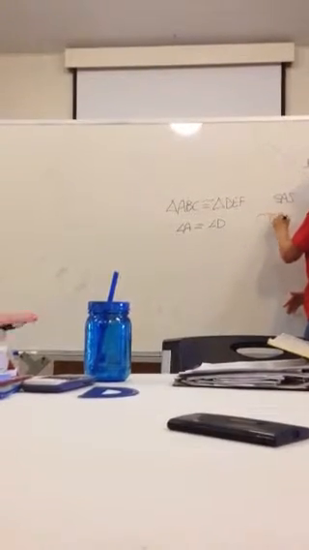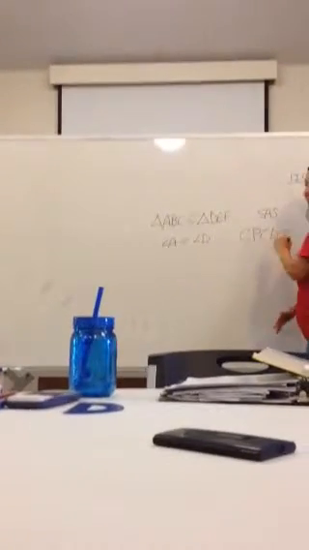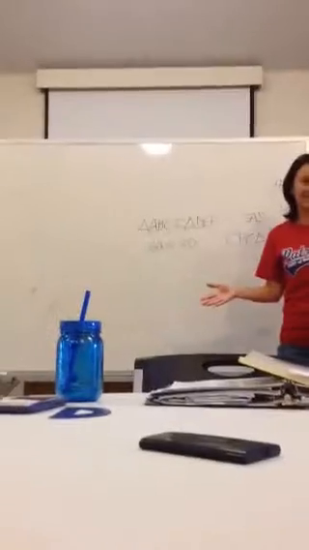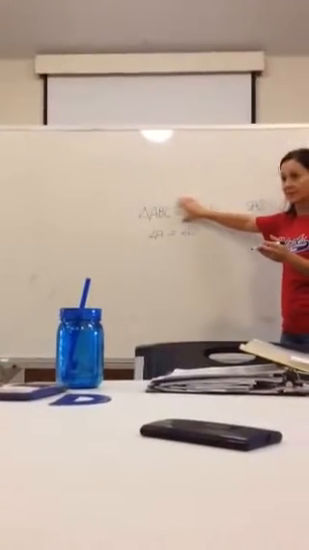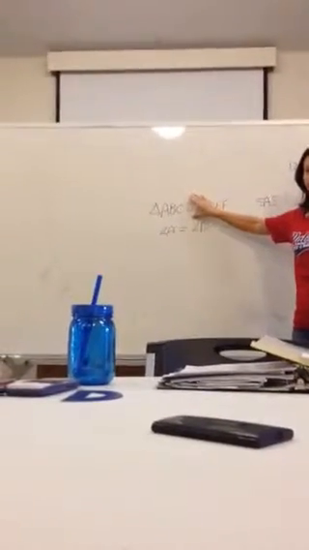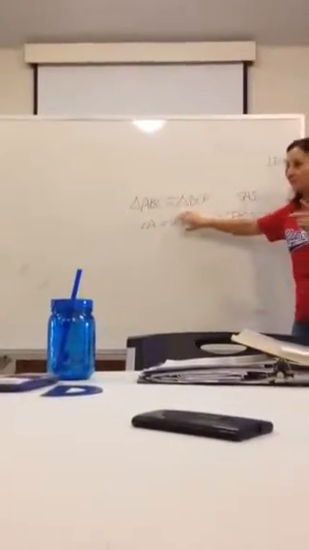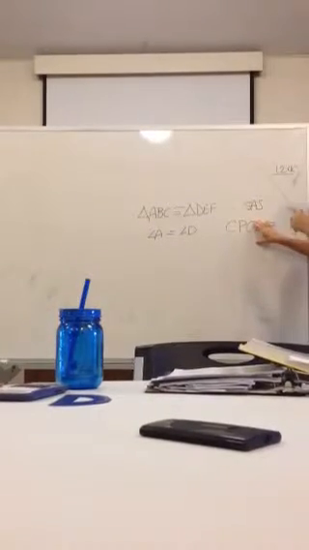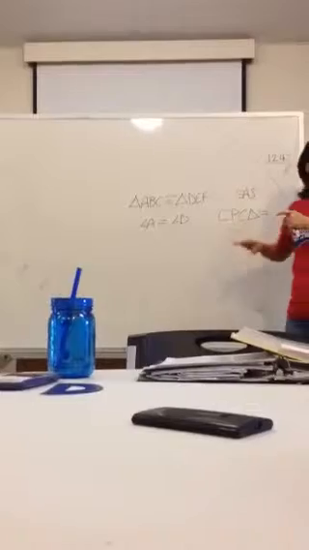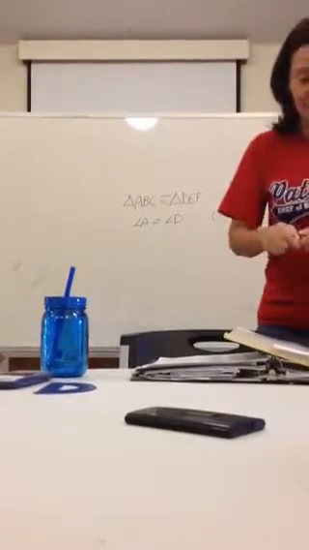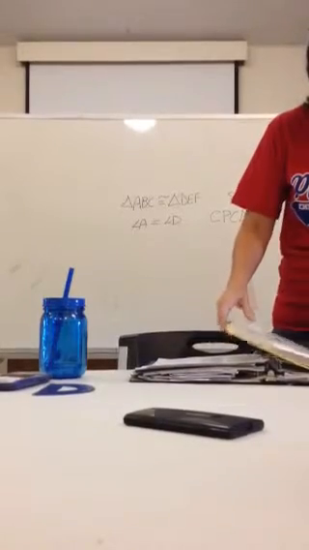Corresponding parts of congruent triangles are equal. Okay, so on a test, if you simply have to guess what the reason statement is, after you've proven congruence, almost 100% of the time, your next reason is going to be this. Okay? You should write that down. Because you will use this and use it often.